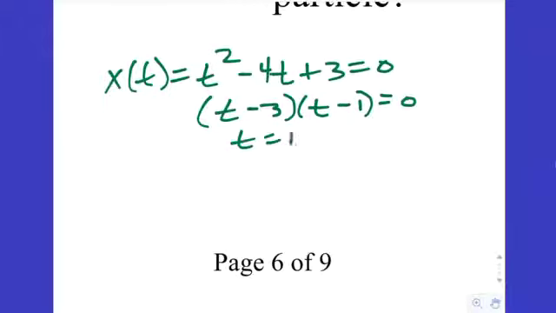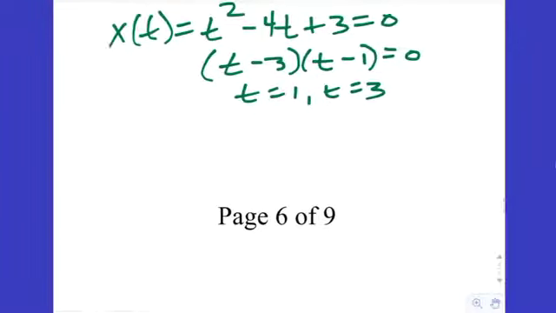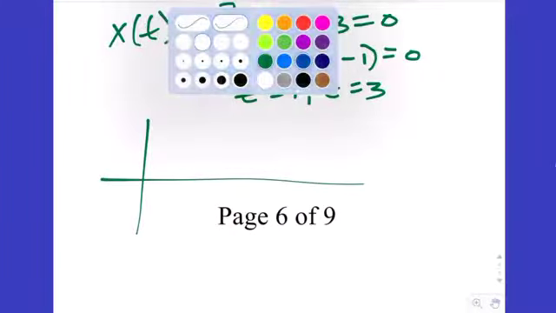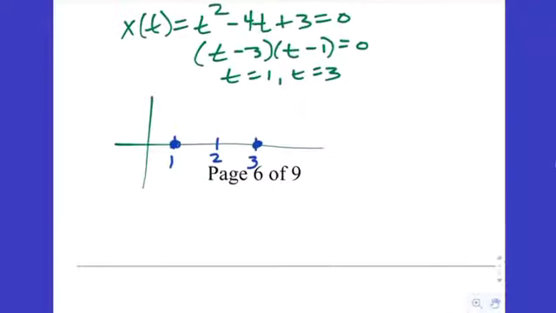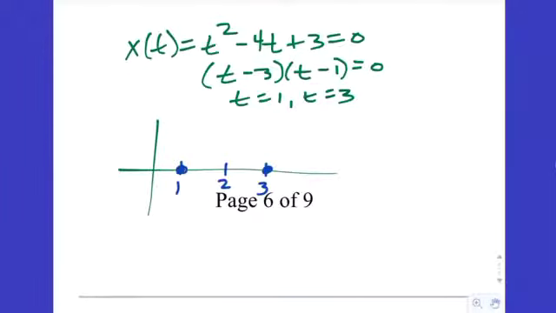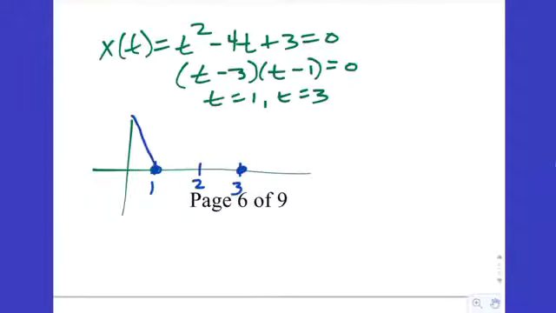That means that t equals 1 and t equals 3 are the x-intercepts. Let's go ahead and sketch a little graph of that little dude. All right, so my first t-intercept was at 1. There was 2. There was 3. There's an x-intercept, and it opens up, y'all said, right? So it looks something like this. The midpoint of 1 and 3 is 2. That's the vertex, so I'll go ahead and draw that.